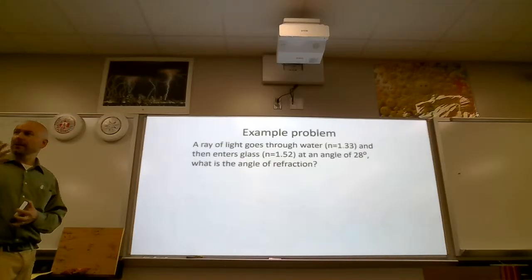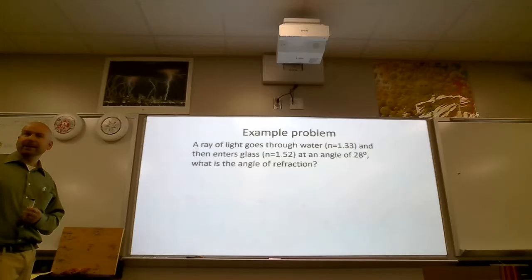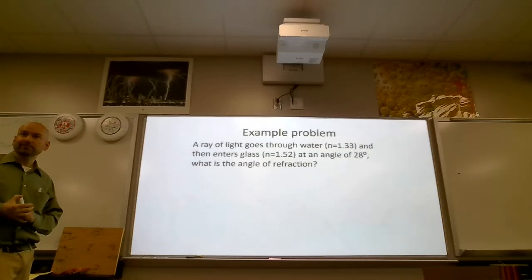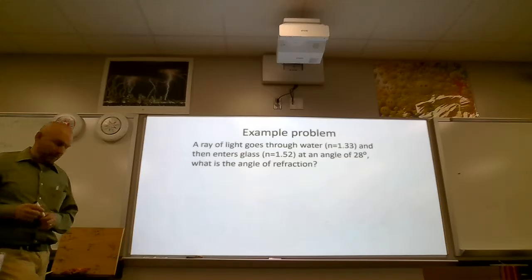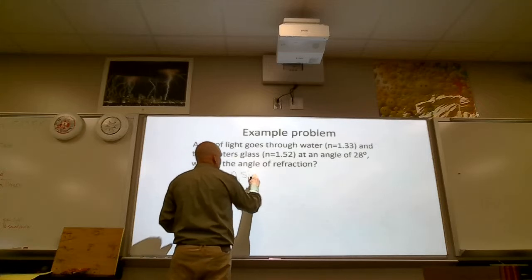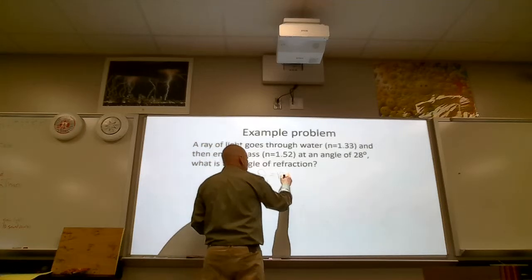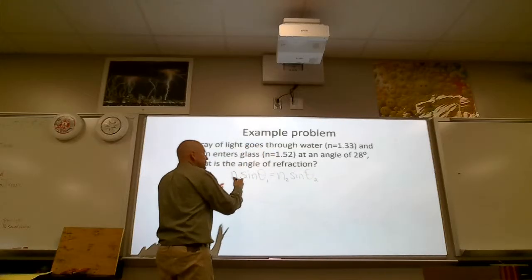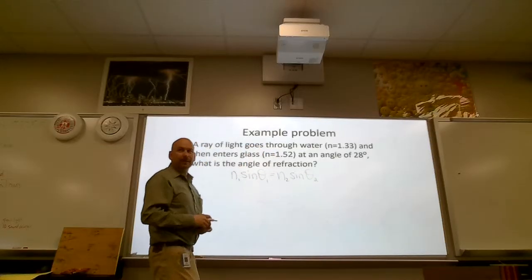Okay, the question that I'm asking is a great test question. If you get stuck, you can make up some numbers and math it. I'm giving you numbers, and the math is not difficult. I'm using Snell's law. Whatever I start in is 1, whatever I end up in is 2.